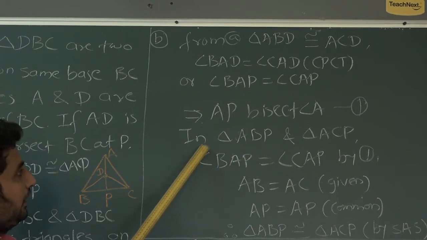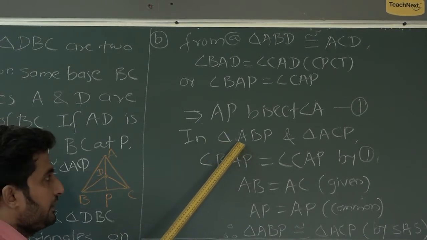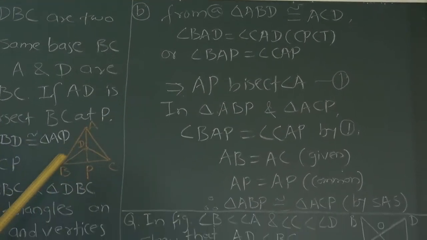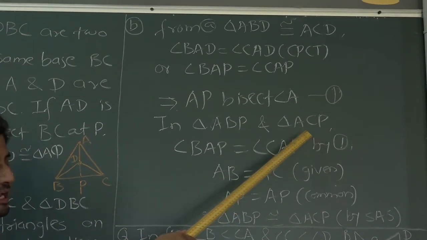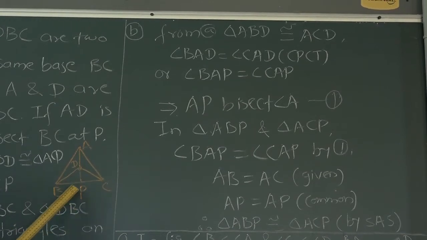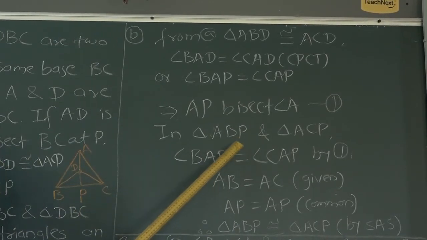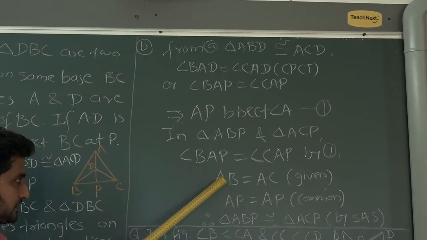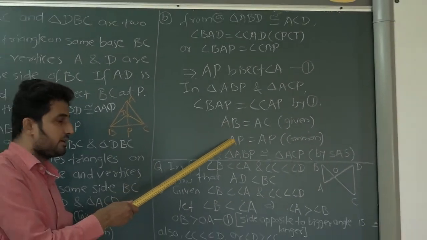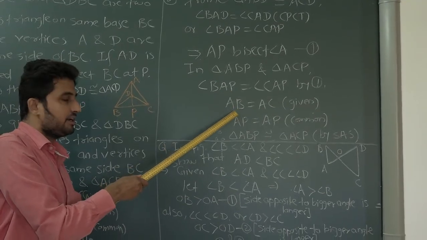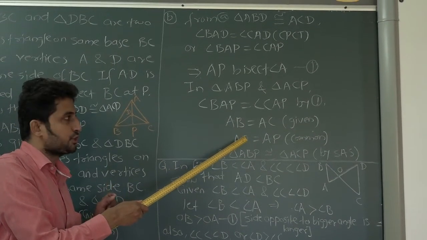Now, in triangle ABP and in triangle ACP, we are forming the equivalence again. Please observe this equality very carefully. Using this equality, we are forming the congruency relation.